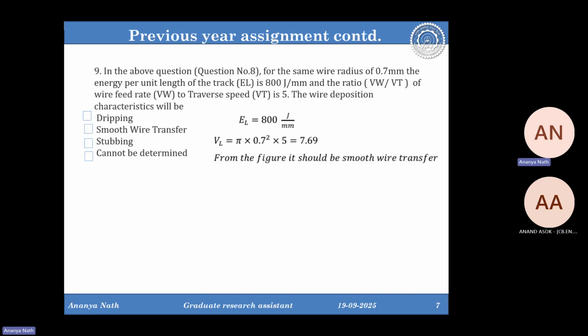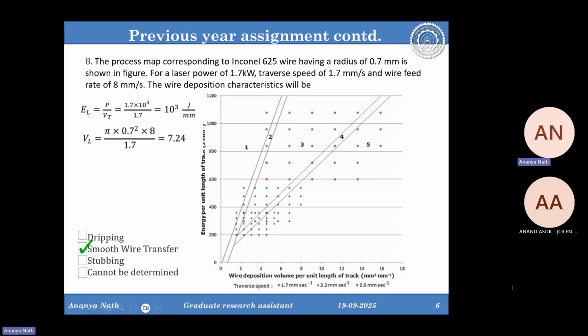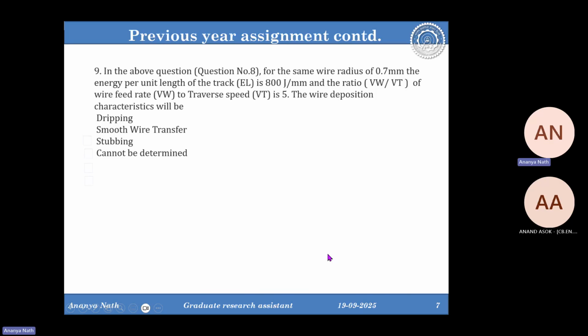It's the same. In the earlier case the traverse speed was given as 1.7, so I knew my zone was here and not down here. But now the traverse speed is not given, but it says that your energy is 800. That means the zone is kind of here only. And the same, the VL is coming around this 3. So that means the smooth wire transfer.